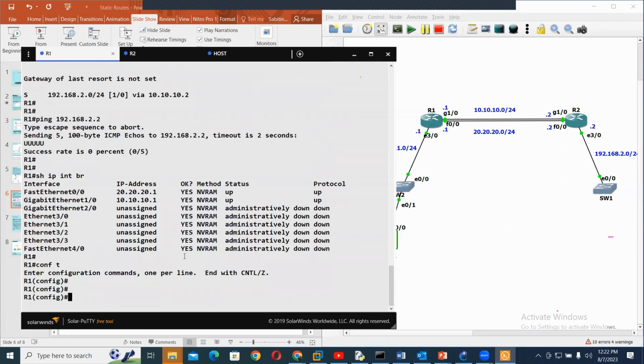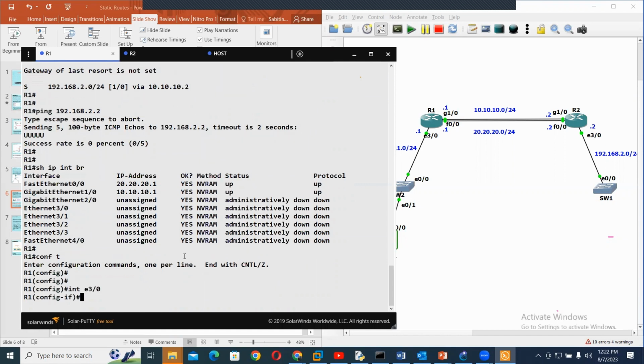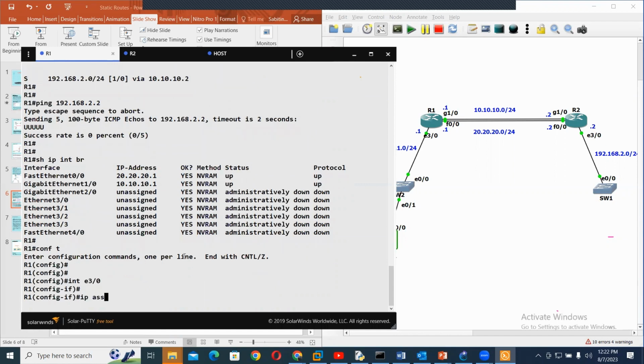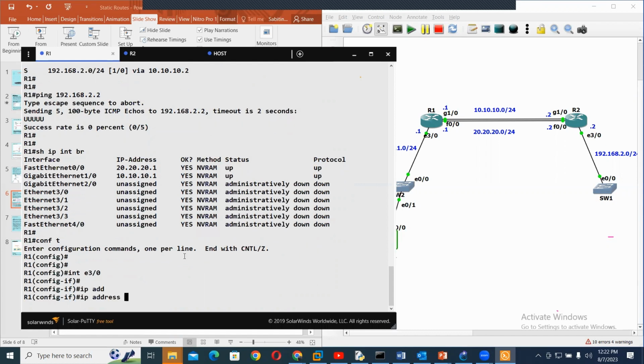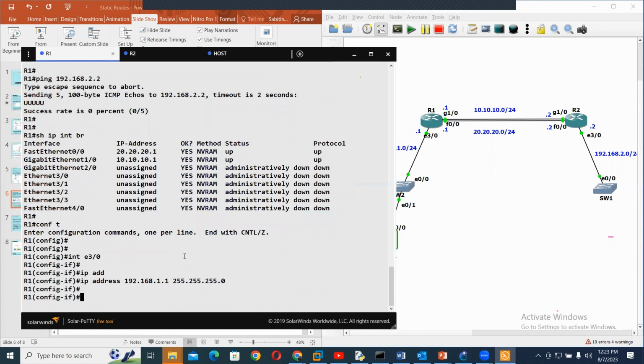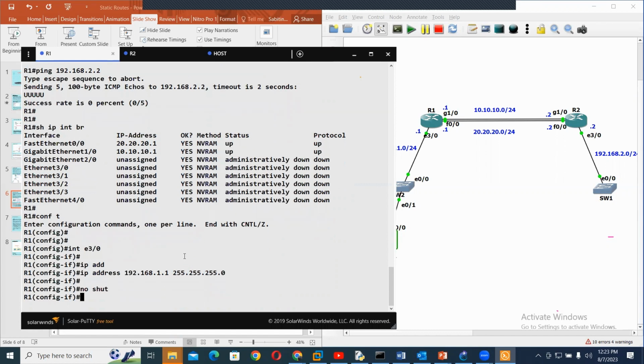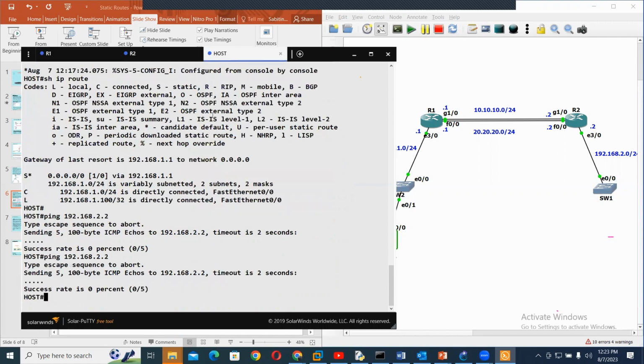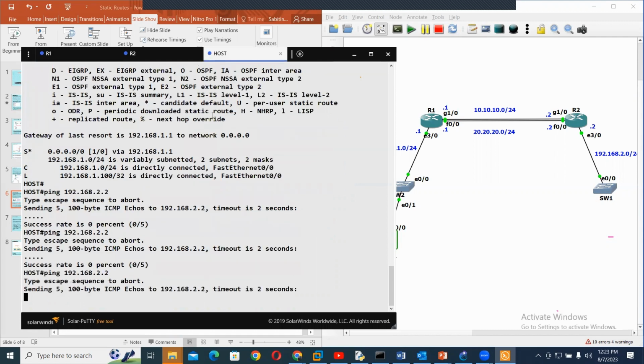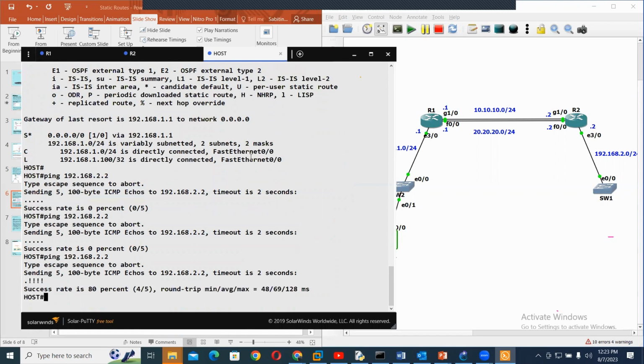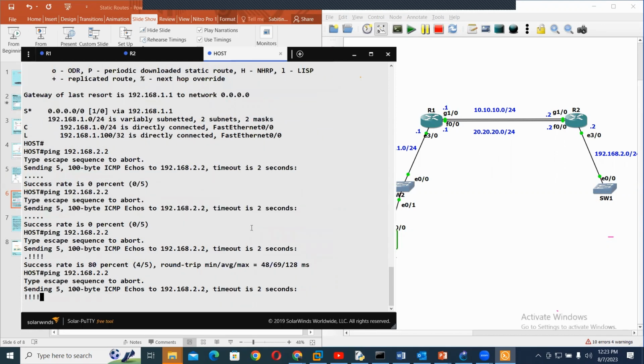Config T, interface E3/0, IP address 192.168.1.1 255.255.255.0. No shut. Okay, I think we are good to go. Okay, we can now ping.